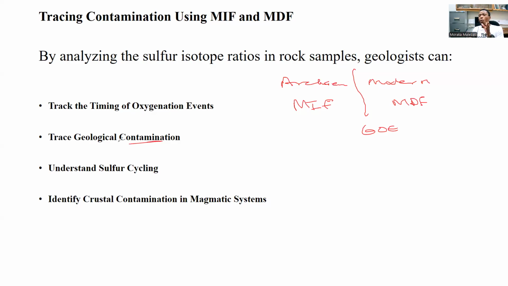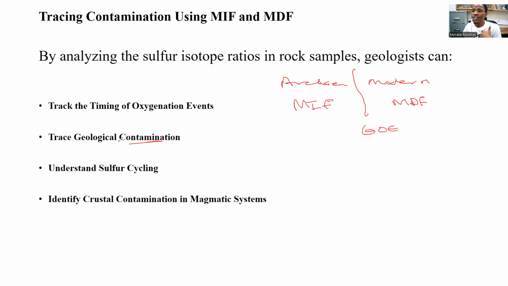When geologists find MIF signatures in younger rocks, like the rocks after the Great Oxidation Event, what does it tell us?